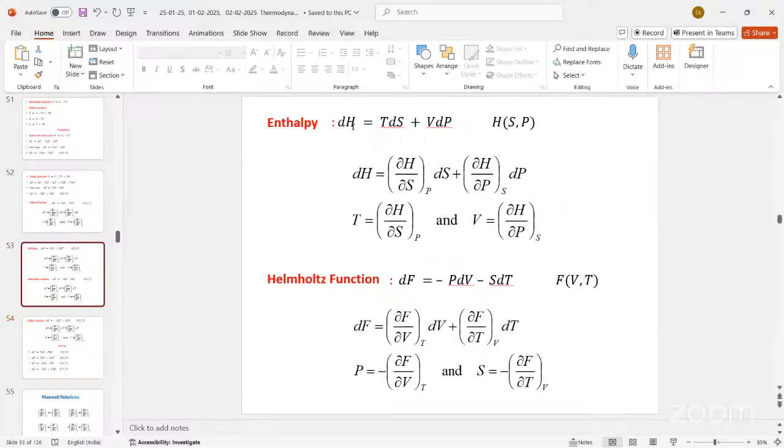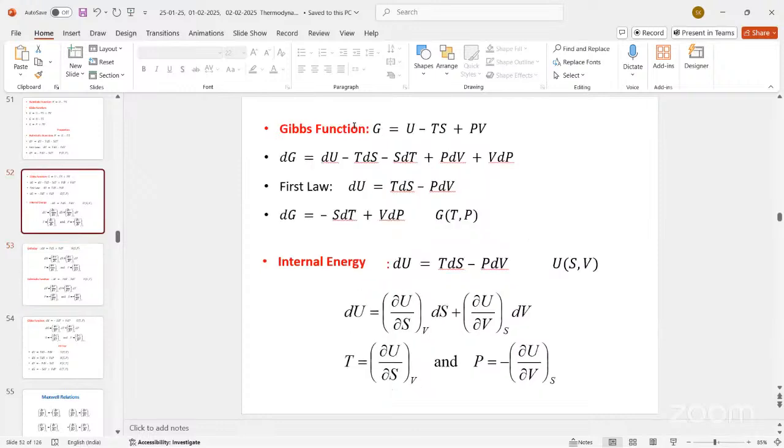F is Helmholtz, H is enthalpy, G is Gibbs, U is internal energy.